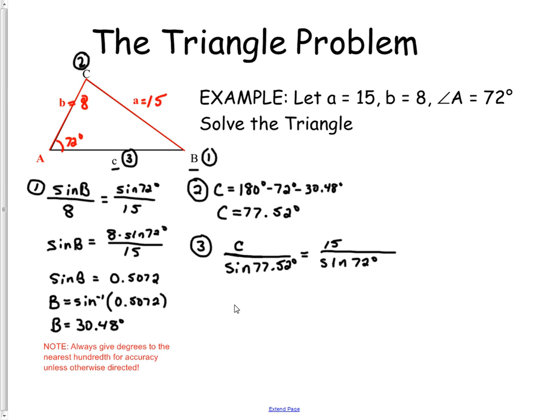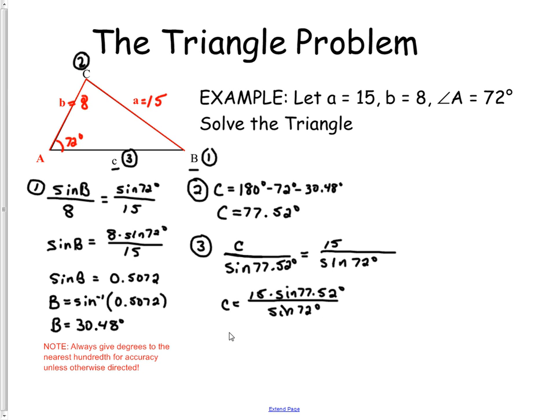So we're going to work this out for solving for side C. The reason I use this form when solving for a side is that the calculation's actually really easy. We just take 15, multiply it by the sine of 77.52 degrees, and divide that by the sine of our given angle of 72 degrees.